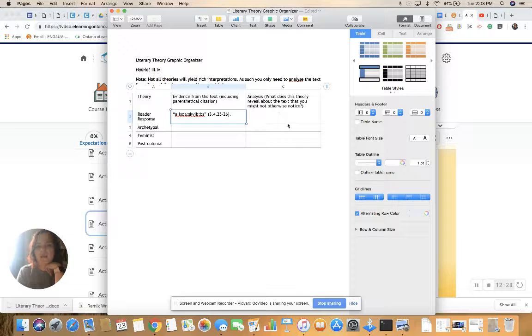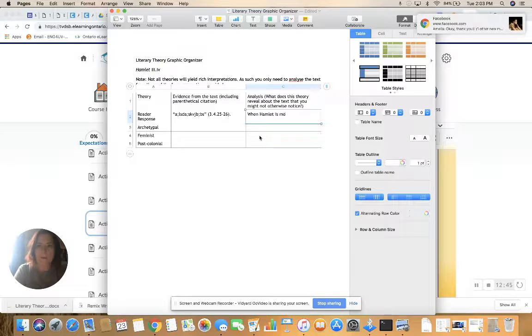And then for analysis, what does this theory reveal about the text that you might not otherwise notice? So if I'm applying reader response, I'm going to say something like this. When Hamlet is mocking his mother, I think about being a teenager. Like, pretend this is a specific line here where Hamlet's mocking his mother.